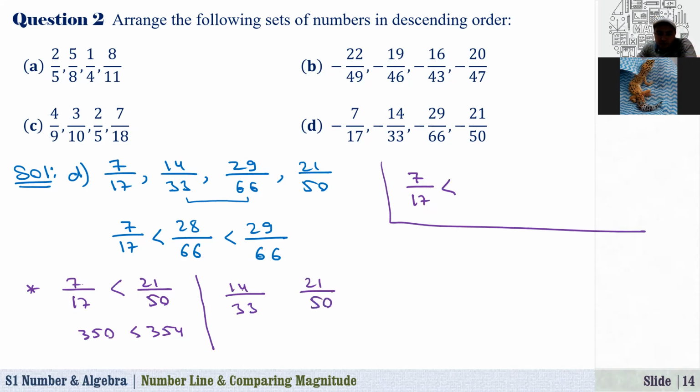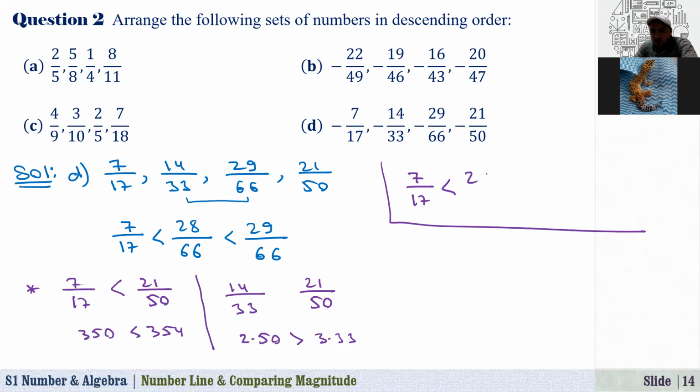Before that, 14 and 21 are actually divisible by 7, so I can just divide both sides by 7. Here we have 2 and 3, and cross multiply. Here we have 2 times 50, and here we have 3 times 33. So this 14 over 33 is greater than 21 over 50.